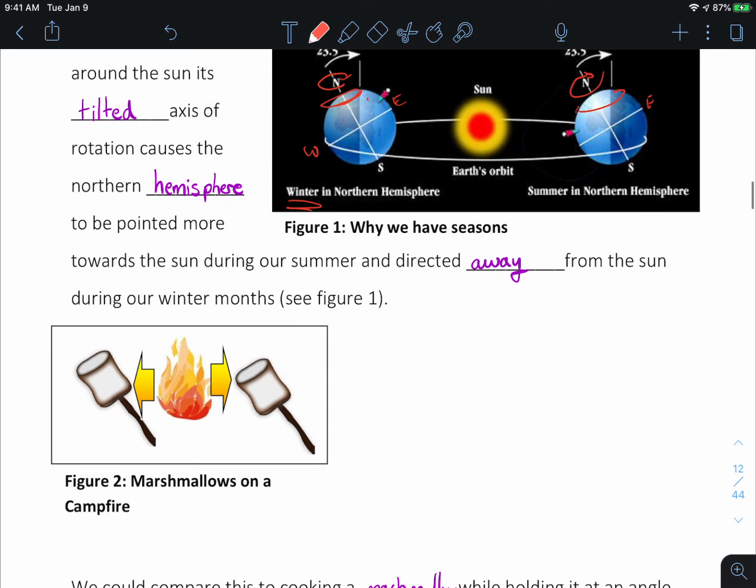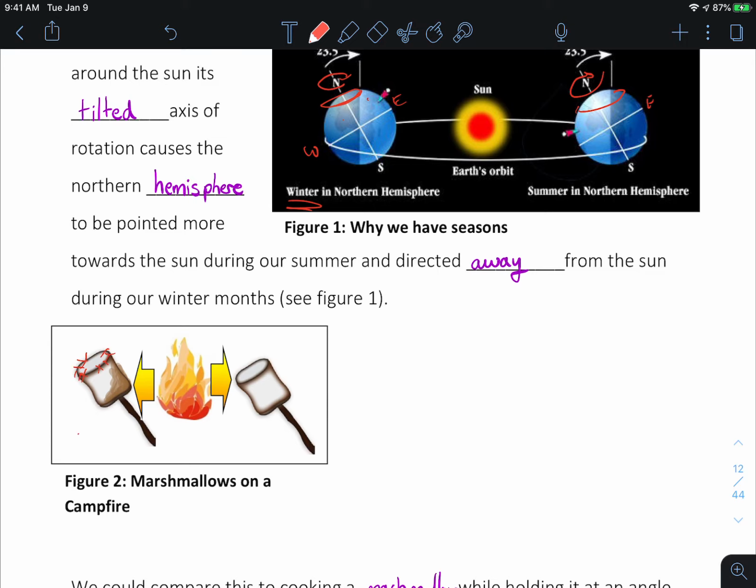So think about this. If you took a marshmallow and you placed it on a fire, if you placed it so that this corner was facing the fire, then that is the corner that would start to brown first. And so that is the case in winter for us. We reside somewhere over here on this axis of the marshmallow.